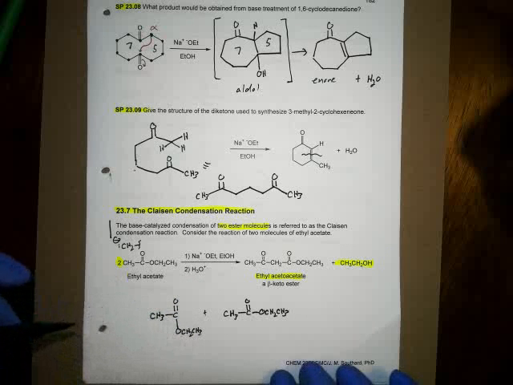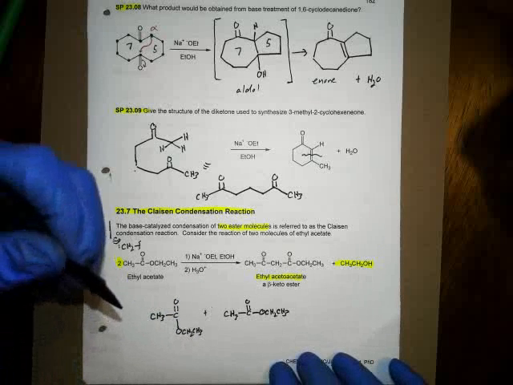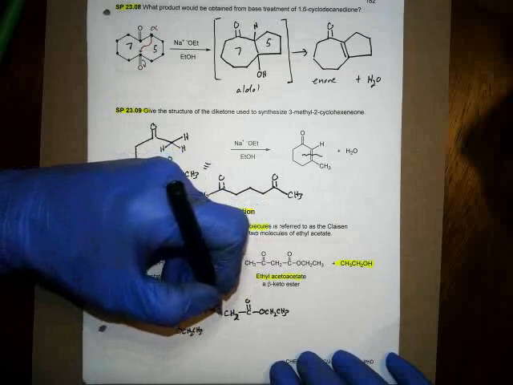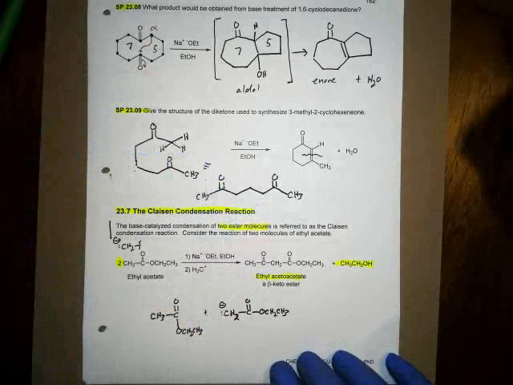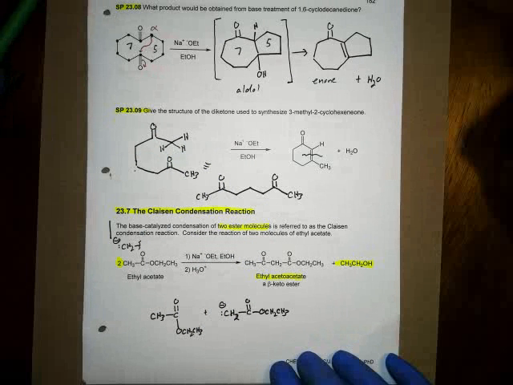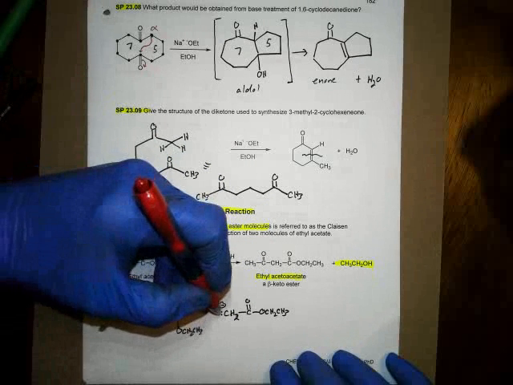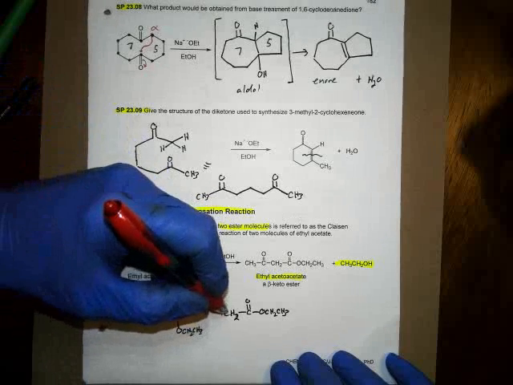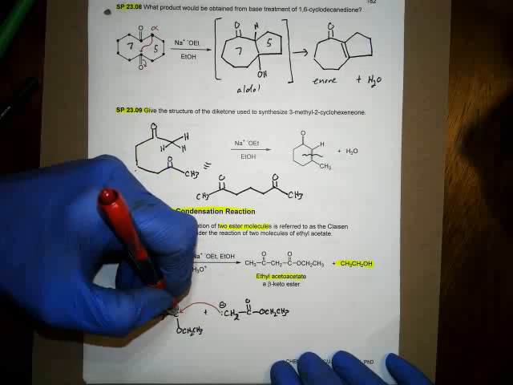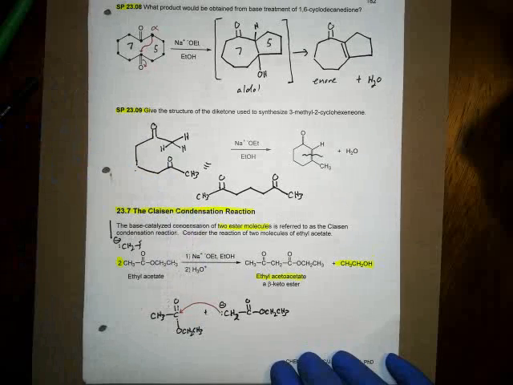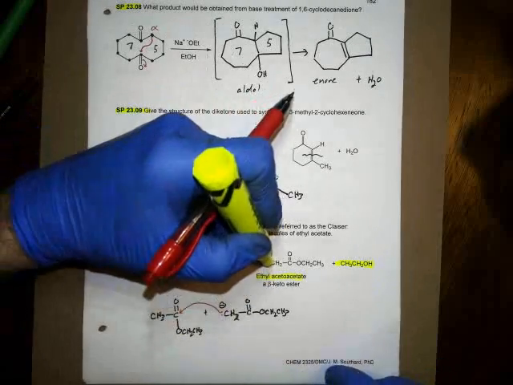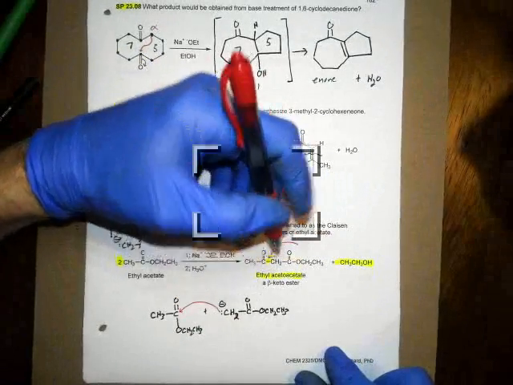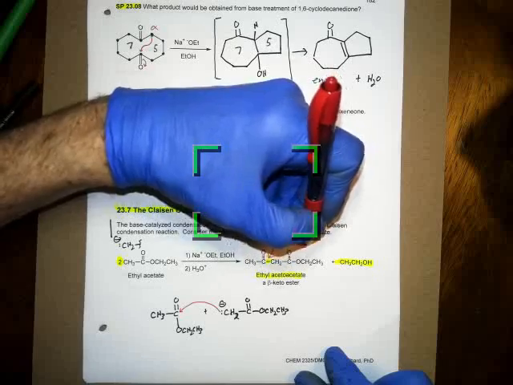One of the methyl groups is going to become what? That. So we're going to become an enolate. So let me just turn that into an enolate. Can you see what's happening now? Yeah, this is going to act as a nucleophile. Going to join this carbon to that carbon. And you can probably see right here, there's that new bond. Let me just point that out. That's the new bond.